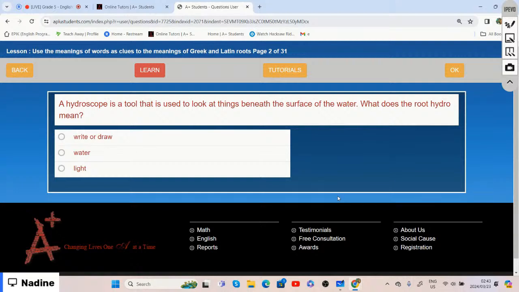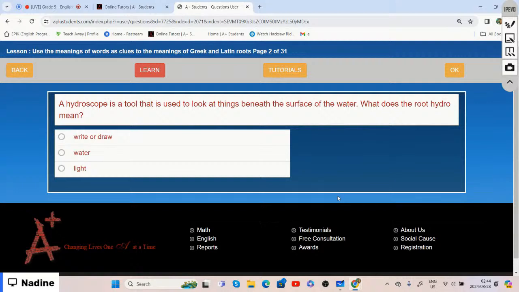Is it water or is it light? So we need to say what hydro means: to draw, water, or light.